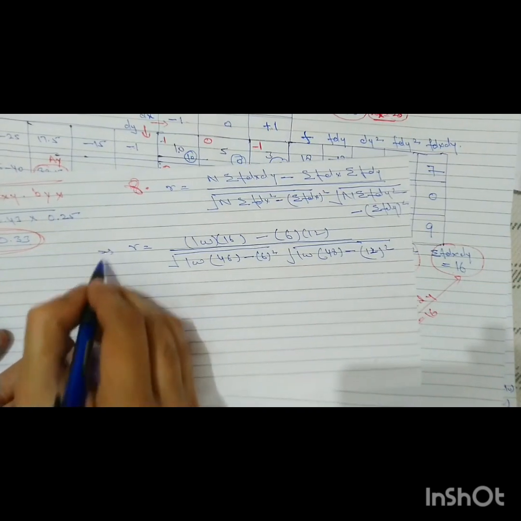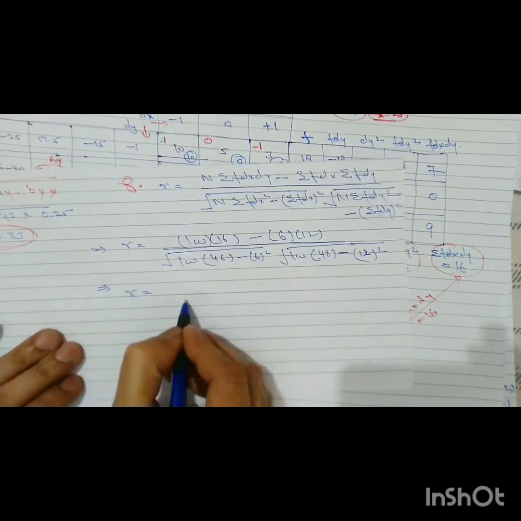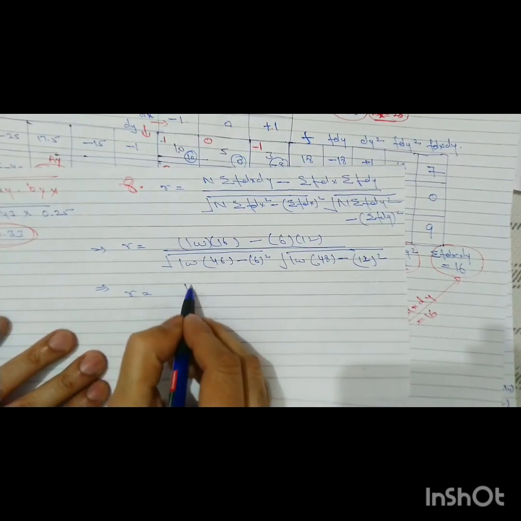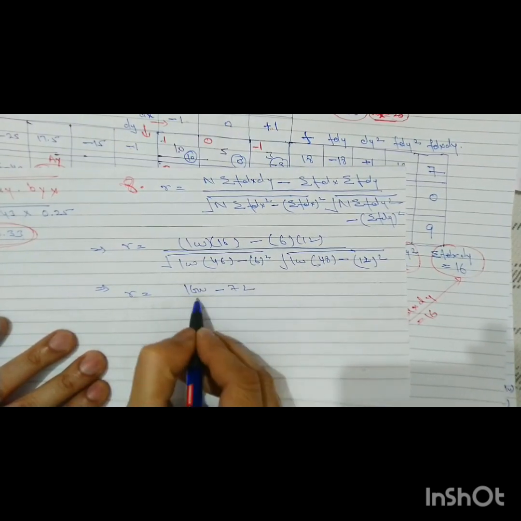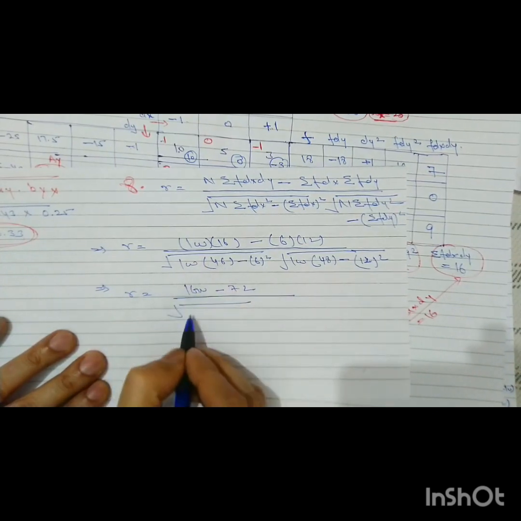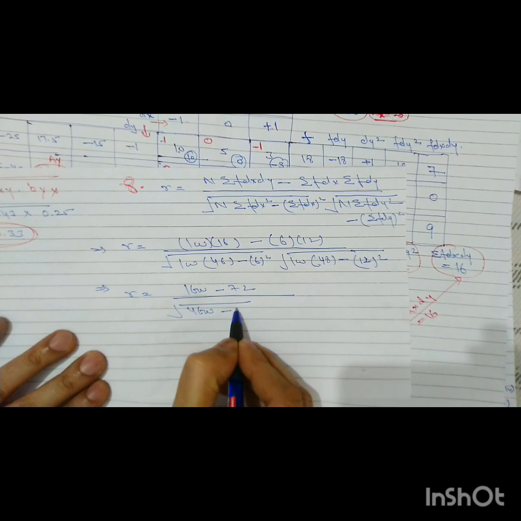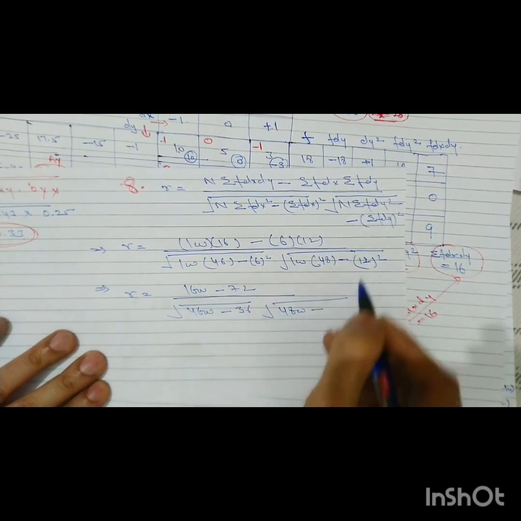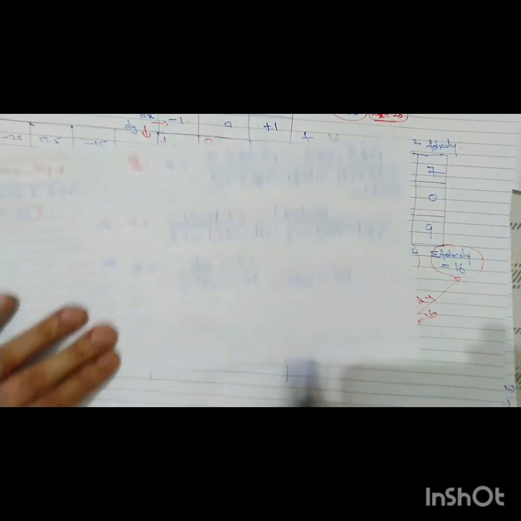Which means r equals 100 into 16, 1600, minus 72, over under root of 4600 minus 36, and under root of 4800 minus 12 into 12, 144.